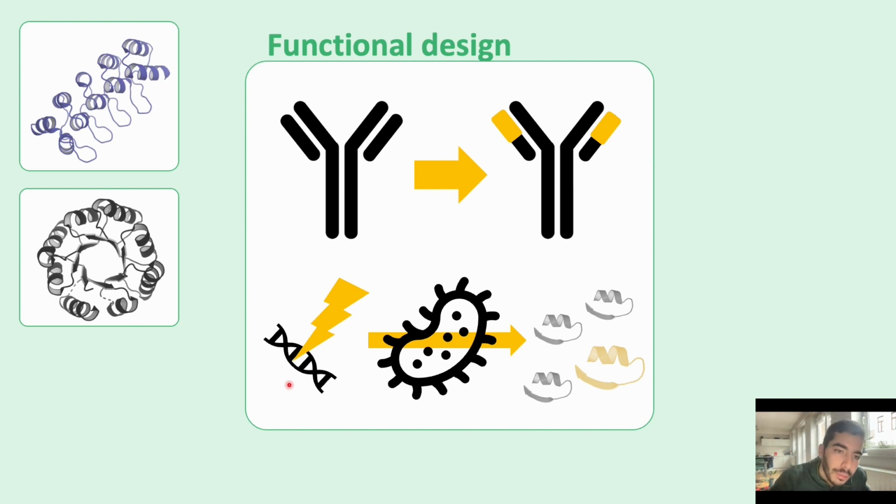That is done by mutating the DNA sequences of the parts of the protein we want to express, and then using an expression system like bacteria, for example, to generate many copies of slightly different proteins, so we can finally assess the functions of those, so which mutations are interesting for the goal of the specific project.